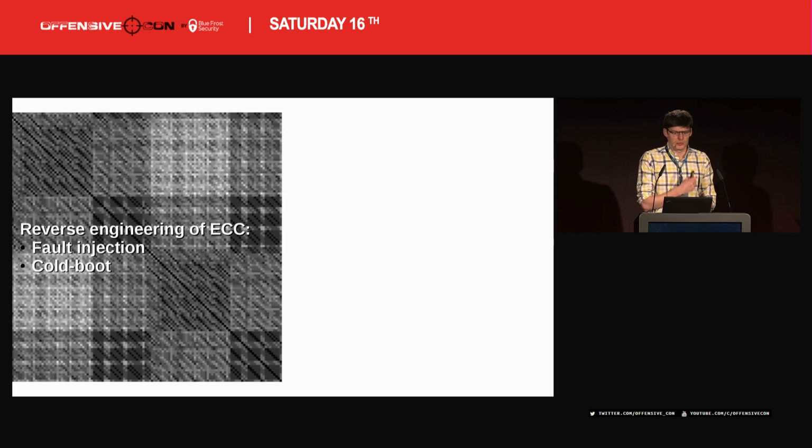Now, I don't have a logo, but I have a quilt for you. The quilt was generated based on some ECC properties that we recovered. I'm not sure if you can see, but the main diagonal is completely black, with black dots there.